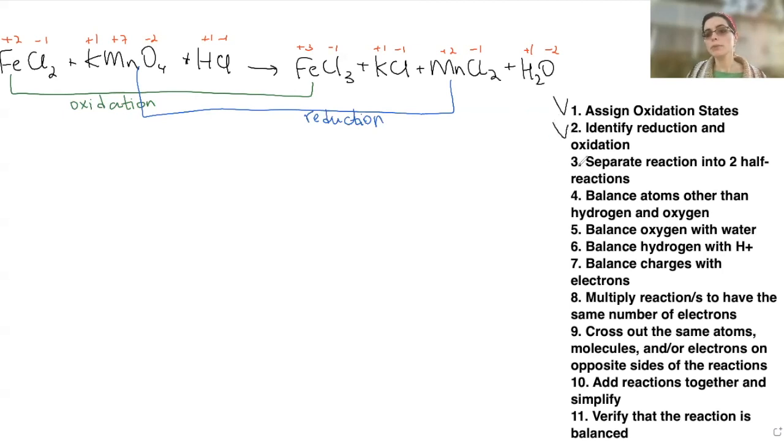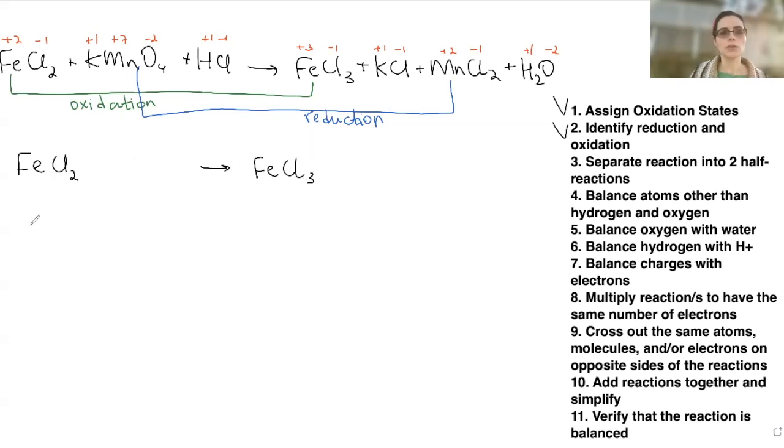Now we need to separate the reaction into 2 half reactions. So we basically separate this reaction into an oxidation part and a reduction part. So let's do that. This is the first one, oxidation. When you do that, make sure you leave a lot of room on the product side and on the reactant side, because we will have to add a lot of things there.